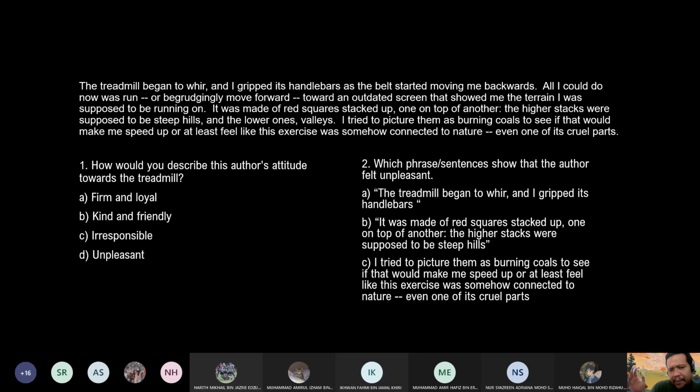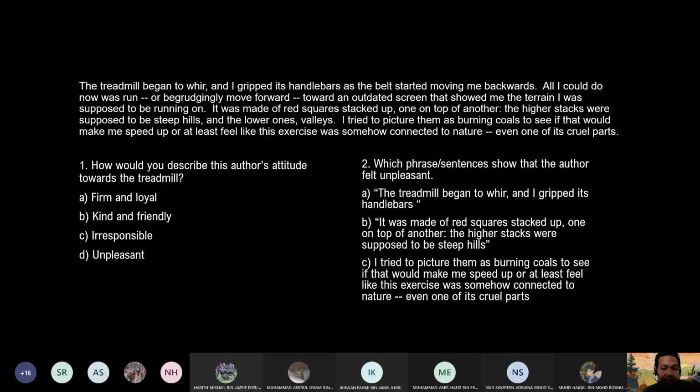So how do you describe the attitude of the author? Unpleasant. Yes, very clearly unpleasant. They are very sarcastic. They use words like outdated, begrudgingly and so on. So they use negative words, even though it's actually just a treadmill.